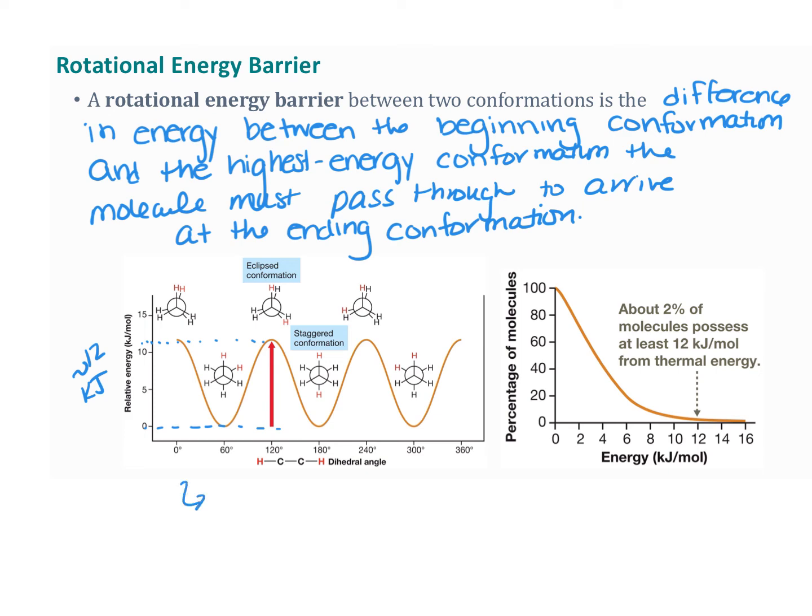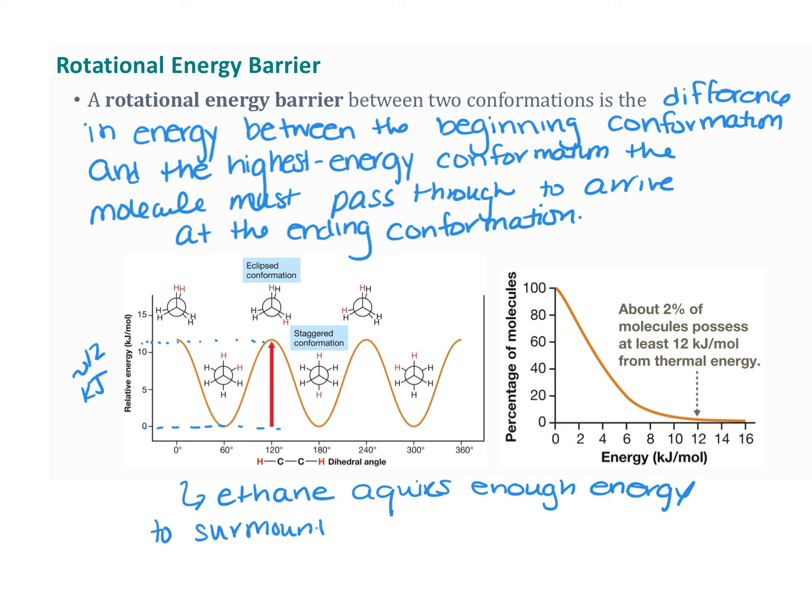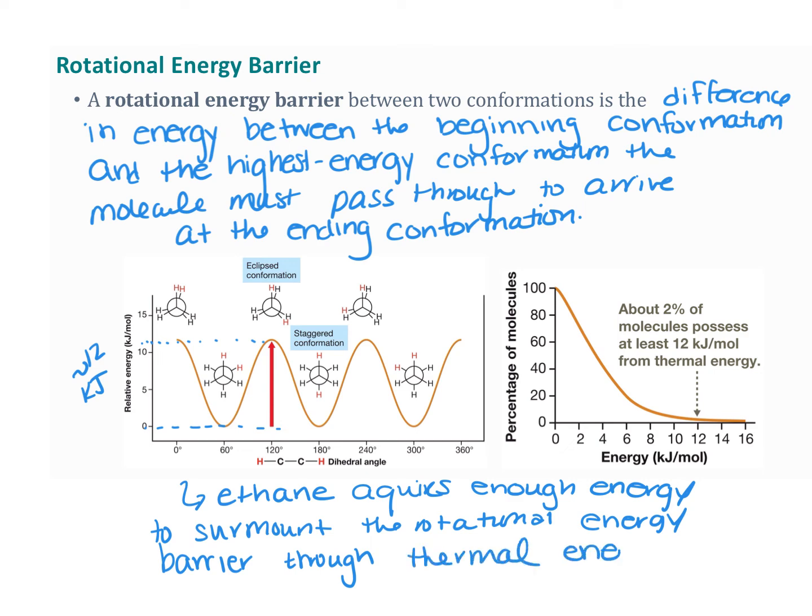Ethane acquires enough energy to surmount the rotational energy barrier through thermal energy, which is the average energy available through molecular collisions as the temperature increases.